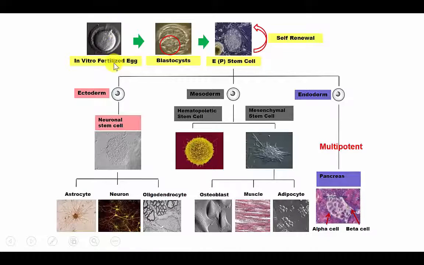So starting from one fertilized egg cell, it forms a blastocyst, and then from the inner cell mass we can make stem cells. So this stem cell can make all the cells. This is a pluripotent embryonic stem cell. And then first step, it differentiates into different germ layers. They are endoderm, mesoderm, and ectoderm. And then they can make other types of intermediate stage adult stem cells.